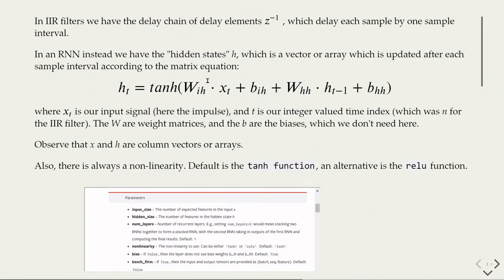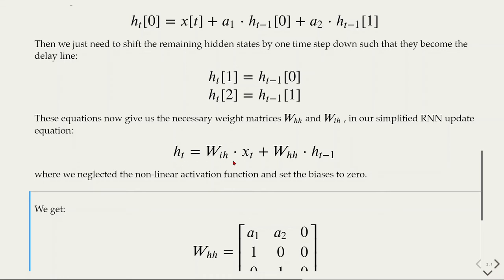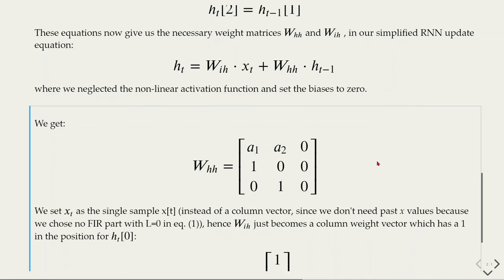From here, we are now here. Then we will get our weight matrix W_hh, and we have a1 here, a2, 1, 1, and zeros elsewhere.